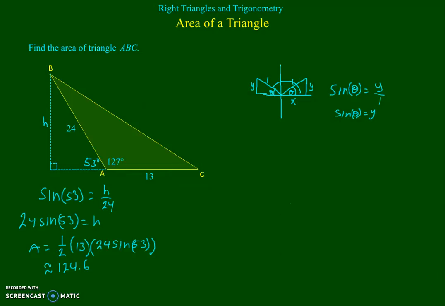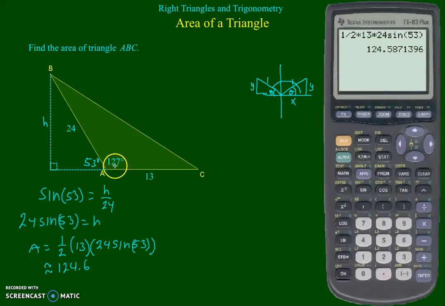So let's look at the sine of 127. The sine of 127 is 0.798, and the sine of 53 is the exact same value.